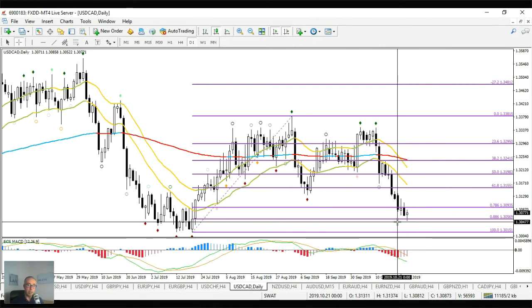So it's really testing one's nerves, really testing one's patience, as it doesn't bounce at the 78, but all the way at the 88. That's tough. But for the moment, still okay, as long as today's daily candle close is not below that 130.50 at least. The higher the close today, the better, because then the pin bar is looking stronger.